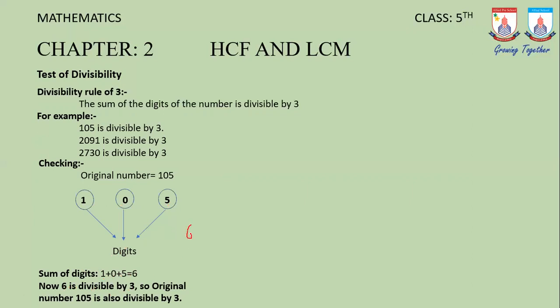If we divide 6 by 3, the quotient is 2 and the remainder is 0. So the original number 105 is also divisible by 3.